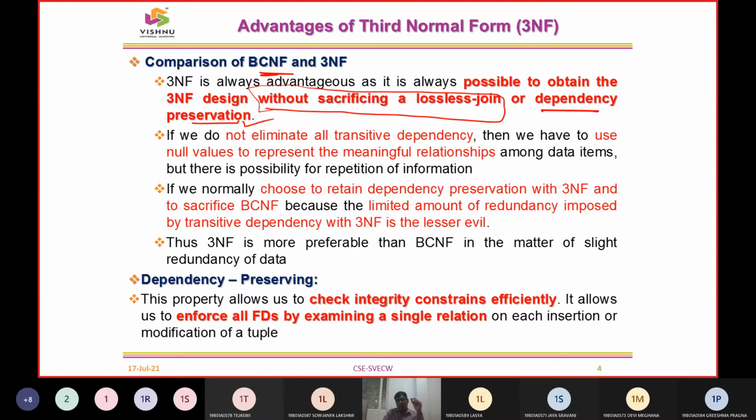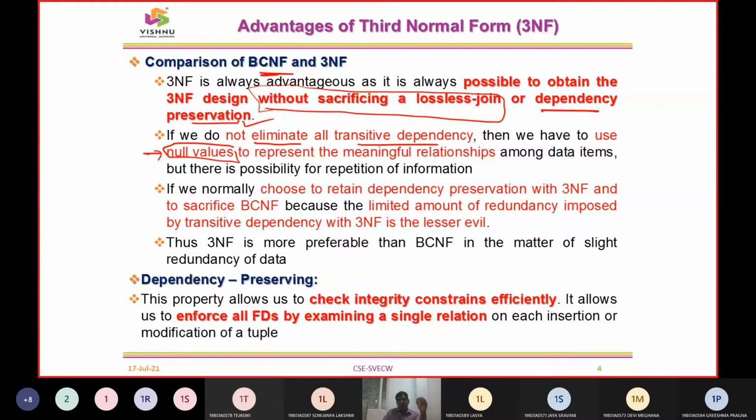Still, if we do not eliminate transitive dependencies, we even can use the null values to make some meaningful relationships among that item.